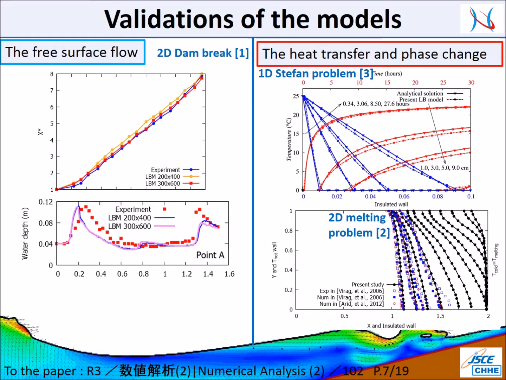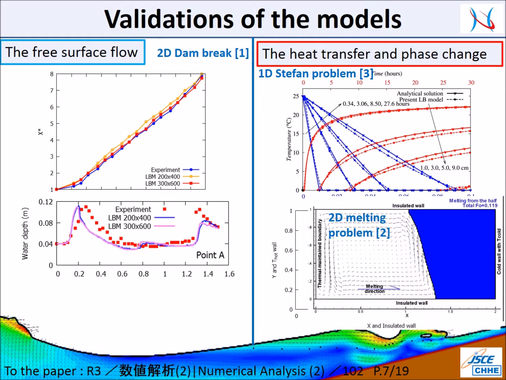First, we validated each model separately. For example, the dam break problem for free surface flow, and the 1D Stefan problem for heat conduction and phase transition. The 2D melting of ice problem is used for validating heat conduction, heat convection, and phase transition.